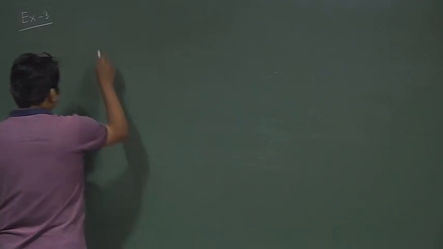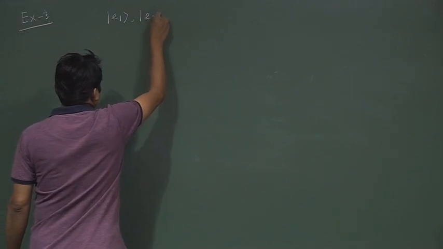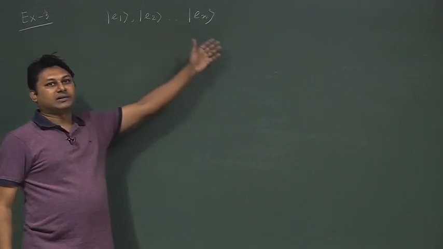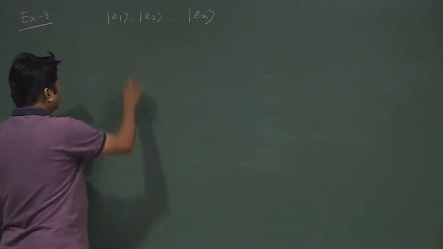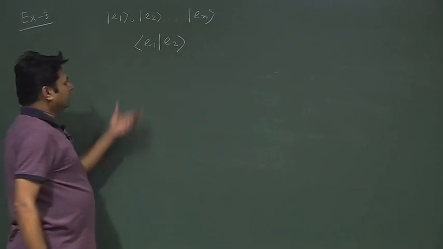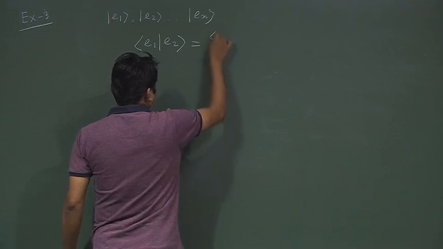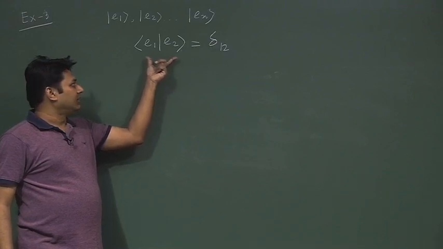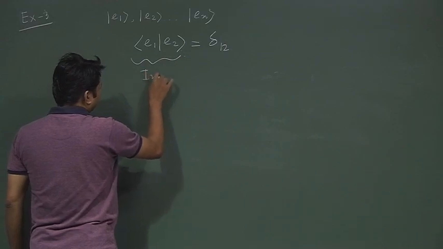So, let me remind you the inner product, say E1 E2. In vector space we have this quantity, these are the vectors, I put in the ket sign. So these are the vectors and these are the bases. You remember that this was something like delta 1 2 if they are normalized and orthogonal, but the important thing is that this quantity was an inner product.